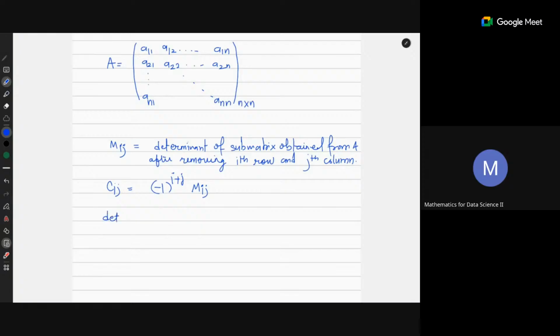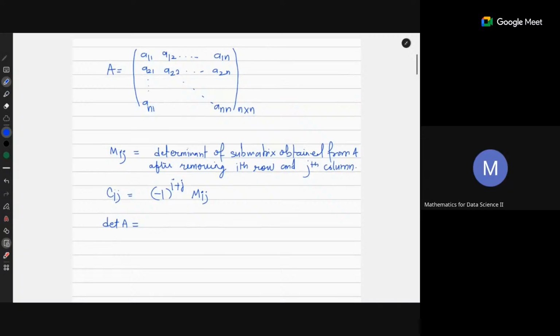So determinant of A. Now, if you want to express the determinant of A, you need to expand your determinant. You need to multiply the cofactors of one row. You need to fix a row or a column, and you expand along that. So let's say if I expand along the first row, then I will be looking at the cofactors of the first row.